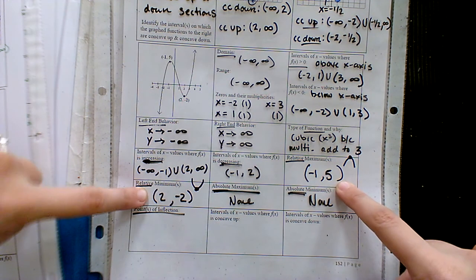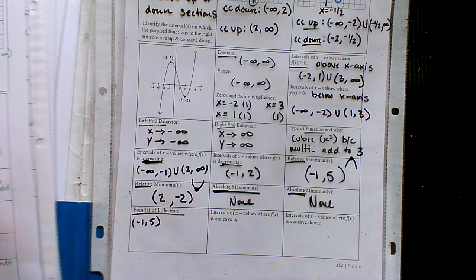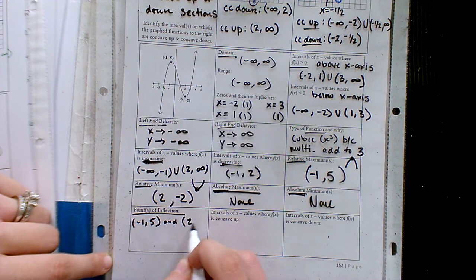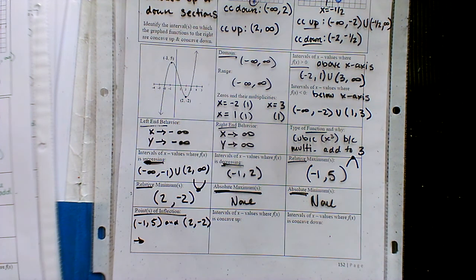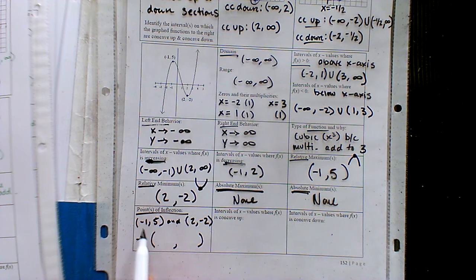Yep, and we check those out here. Okay, so we have a relative max of -1, 5, and a relative min of 2, -2. So we need to find the middle of those 2 points. All right, so if you looked at a number line, what's the middle of -1 and 2?